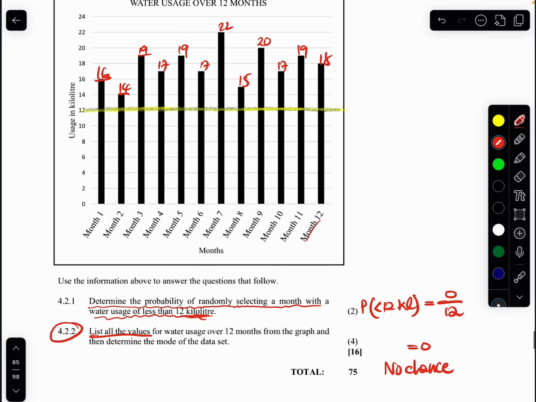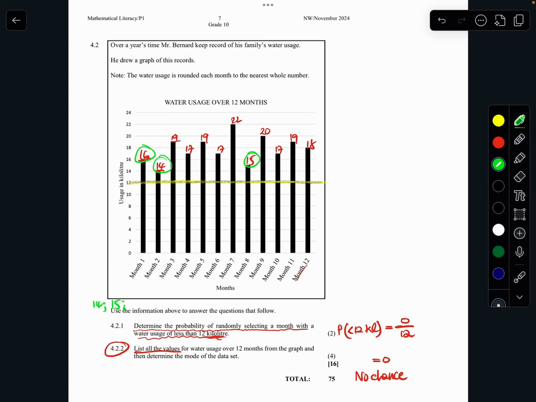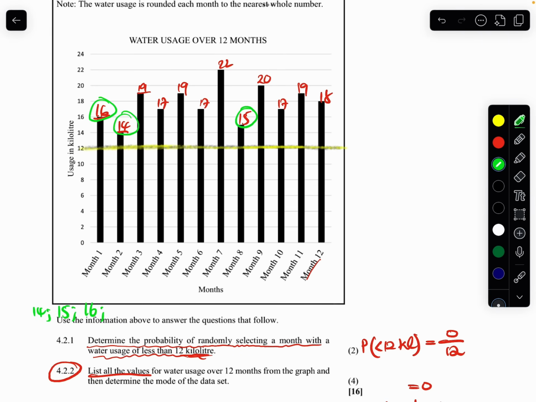But in order to get the mode, you must list them in an ascending order, right? Let's list them in an ascending order. The smallest number here is 14. So I'm going to start with 14. Is there another 14? No. The second biggest number is 15. And 16, and 17, 17, 17.